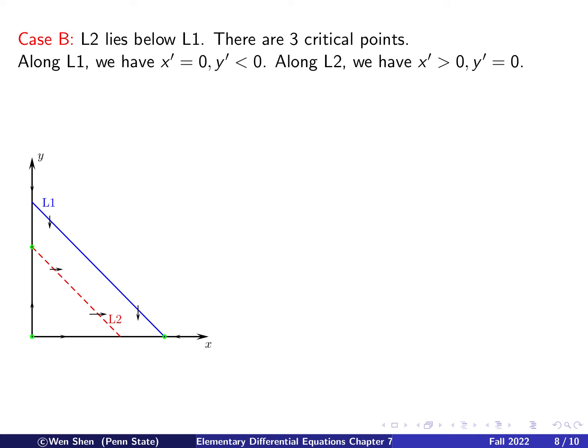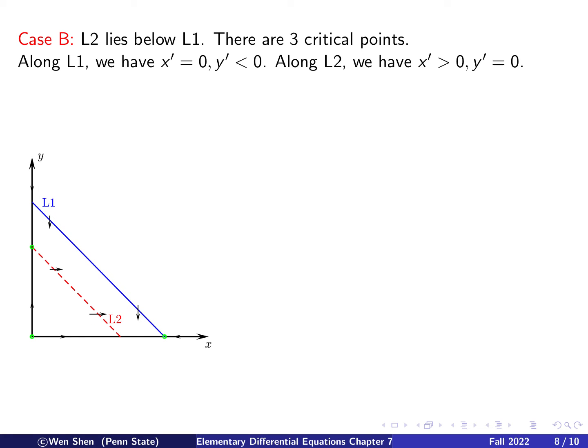Now let's look at case B. It's a counterpart of case A, where now L2 lies below L1. So again, there are 3 critical points, one at the origin, one here on the y-axis, and one here on the x-axis.